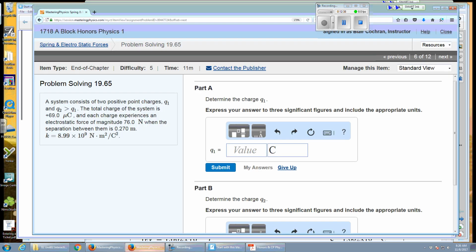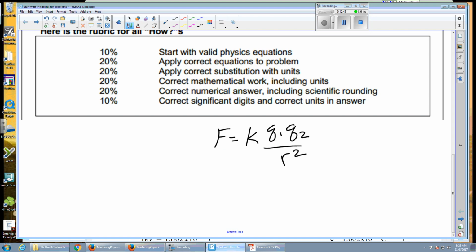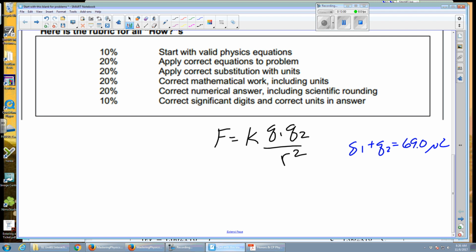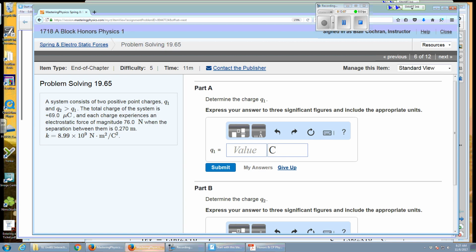So Q1 plus Q2 equals 69.0 microcoulombs. Electrostatic force magnitude 76 newtons. That tells me F is 76.0 newtons. And they tell me my separation, 0.27 meters.